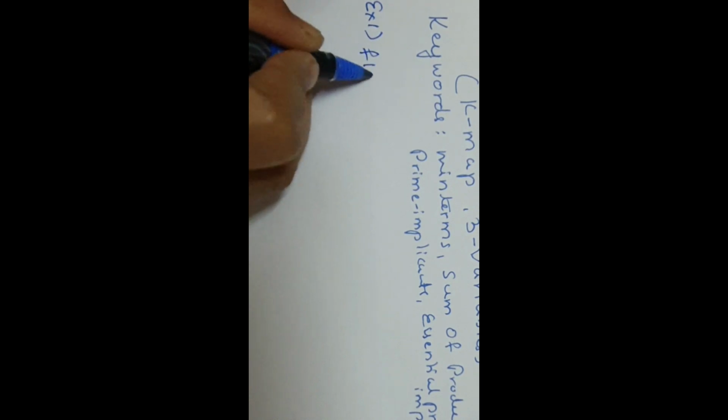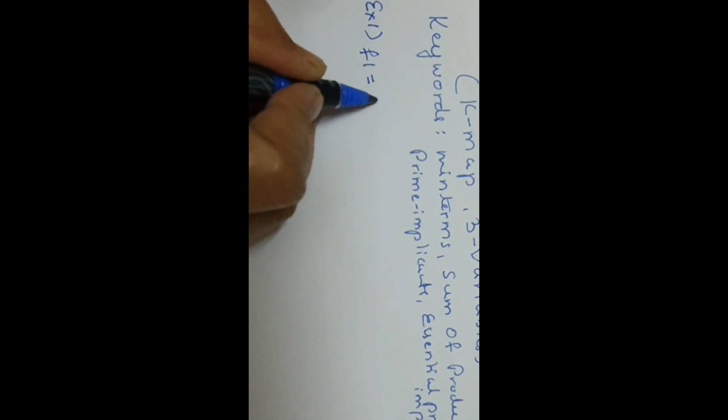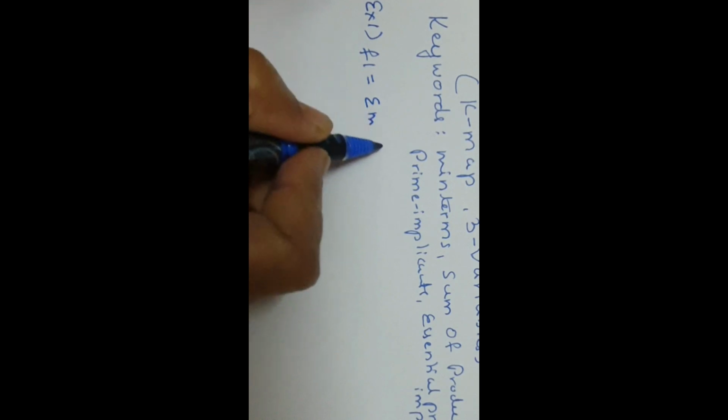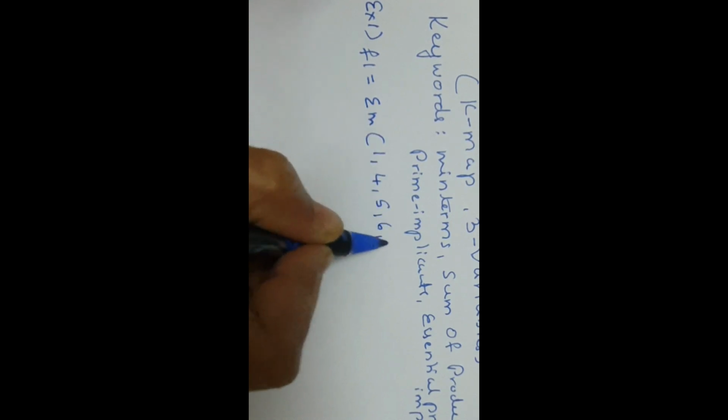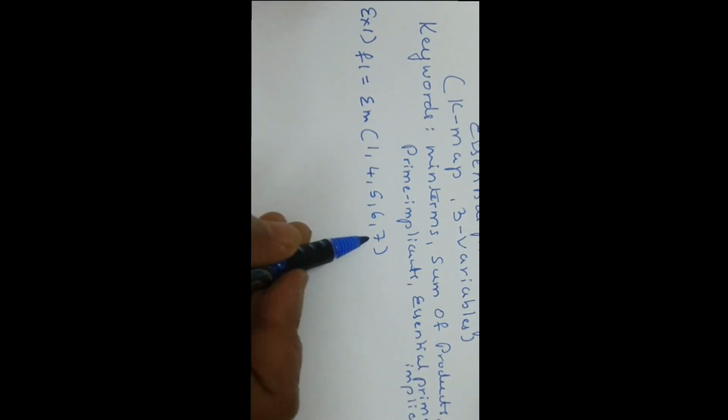So we shall consider example 1. How to simplify the given function f1, which is sigma m of 1, 4, 5, 6, 7. Here in the function 7 is the biggest one. This is minterm x, y, z, which means it needs a minimum of 3 variables.